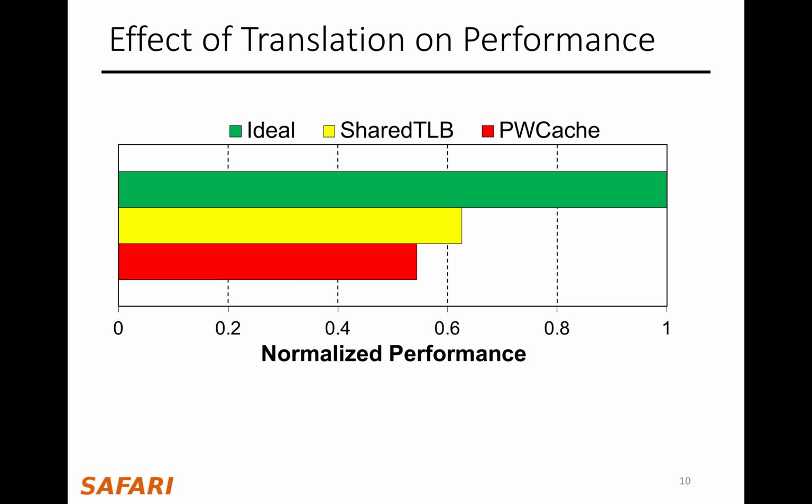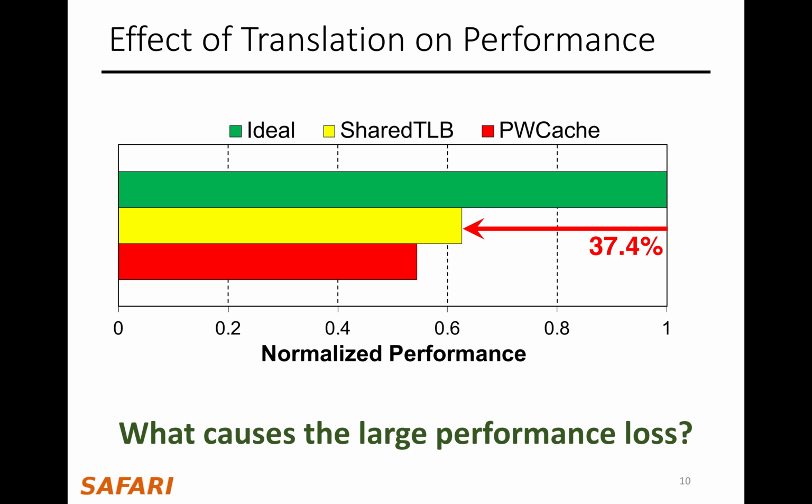And on this red bar, I show another alternative baseline which utilizes the page walk cache in order to cache any partial translation data. As you can see here, both the shared TLB and the page walk cache suffer large performance degradations. On average, we found that it's up to 37.4% performance degradation compared to the ideal case. So we want to answer what caused this large performance loss.